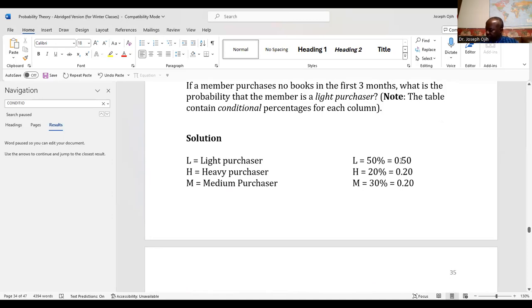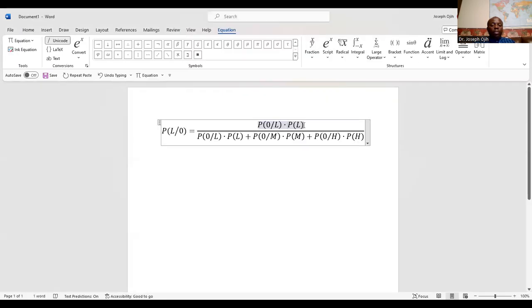Now we have 0.60 times 0.50. Let's put it right there. So you have 0.60 times 0.50.